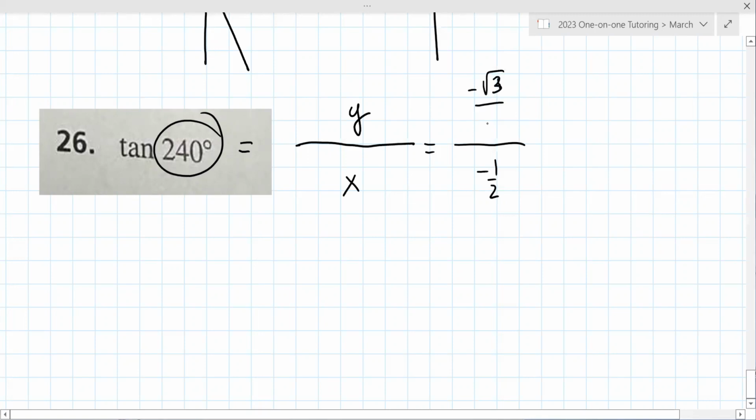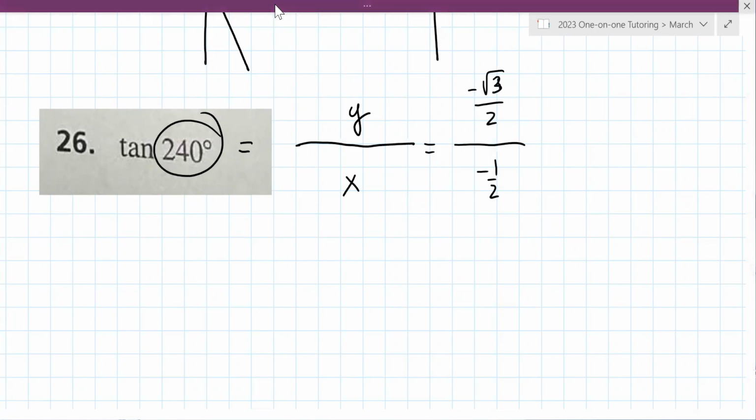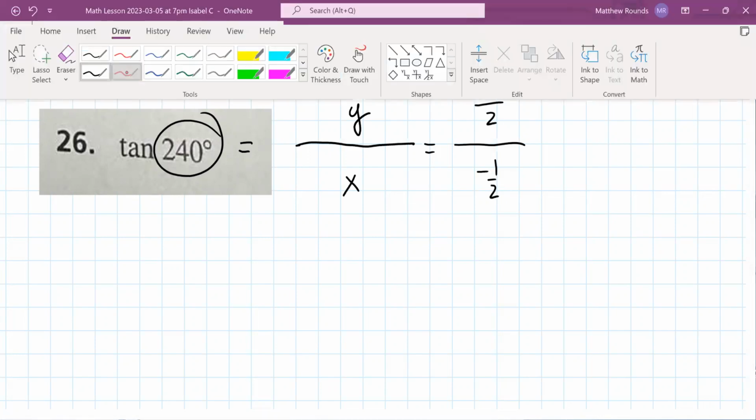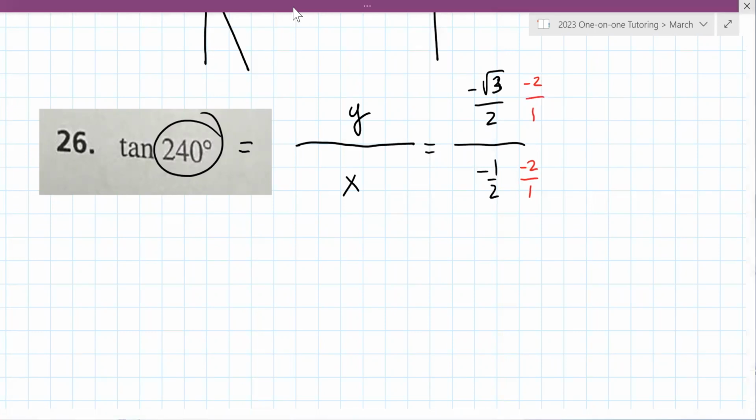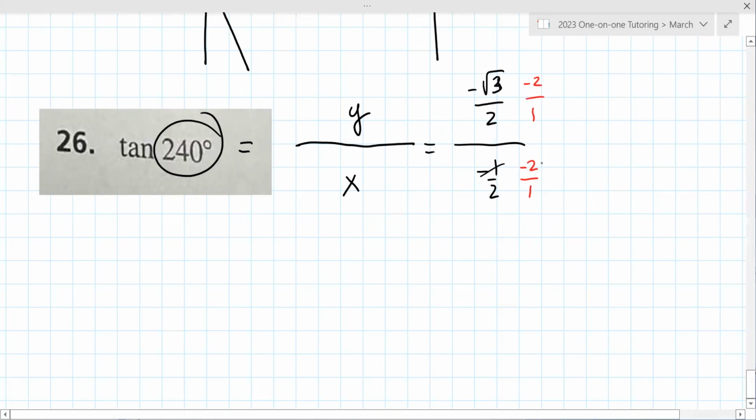Yeah. Now make sure you get these in the right order. If you mix them up, it's completely wrong. Okay, so from here you want to multiply the top and bottom by the reciprocal. Like that. Yeah. Now on the bottom, everything cancels. Okay.